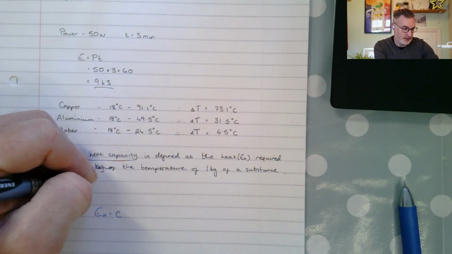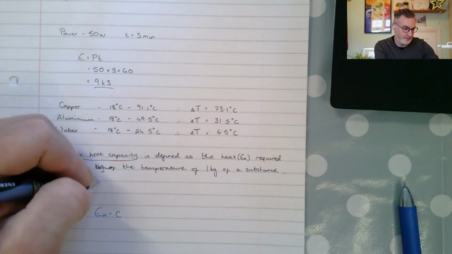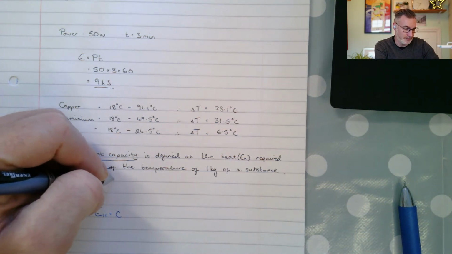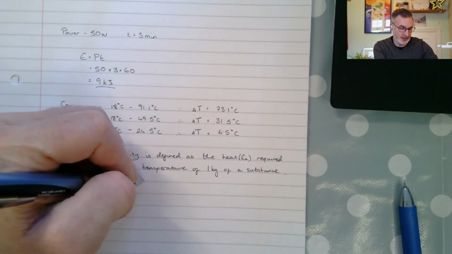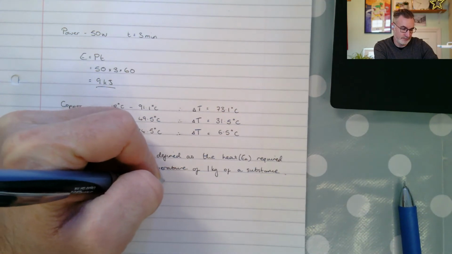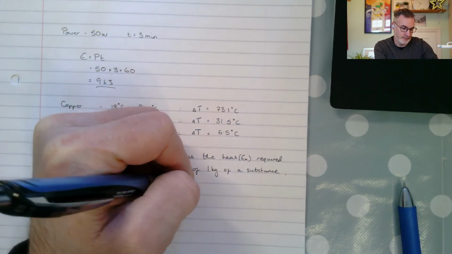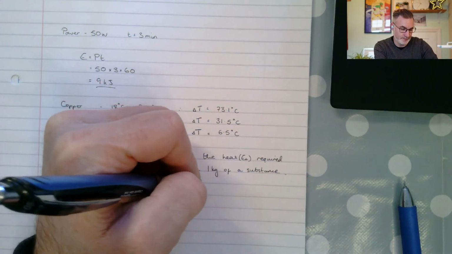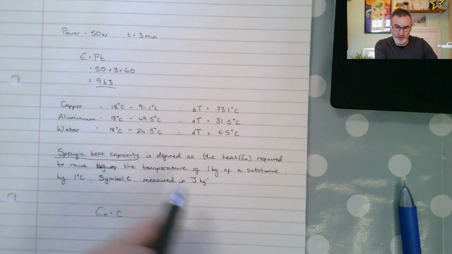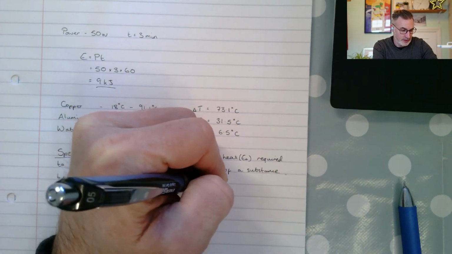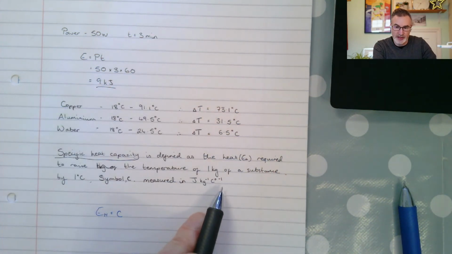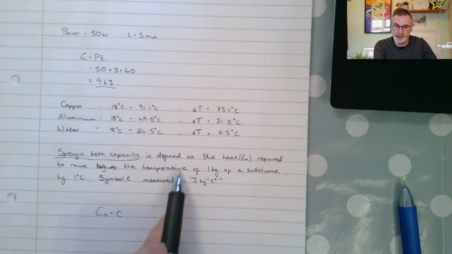And that is symbol C, and C is measured in joules per kilogram. So remember, this little -1 just means per, so joules per kilogram per degree centigrade. Okay, so joules per kilogram per degree centigrade.